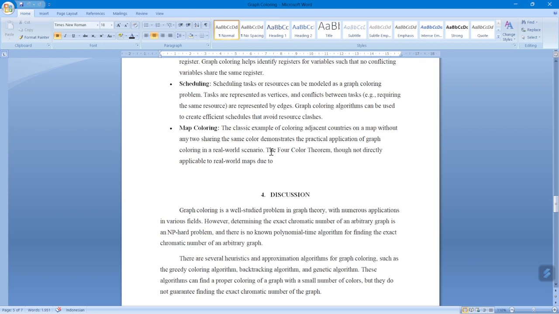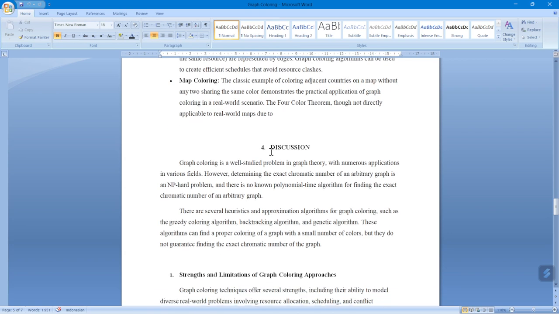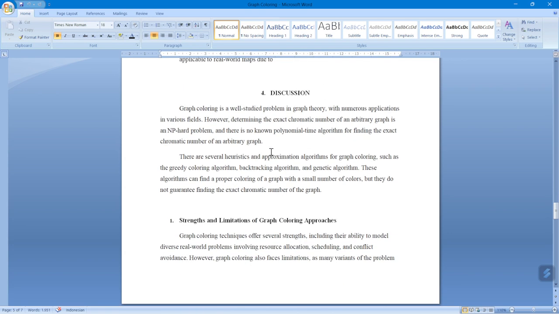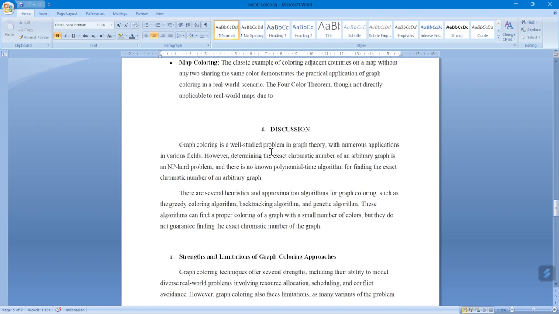Comparison with other optimization techniques: graph coloring offers a unique perspective on optimization problems by focusing on assigning labels or resources to variables or vertices according to certain constraints. This approach can be more intuitive and easier to model for some kinds of problems, especially those involving spatial or temporal relationships.